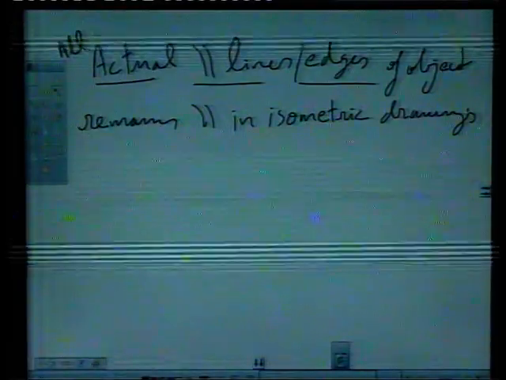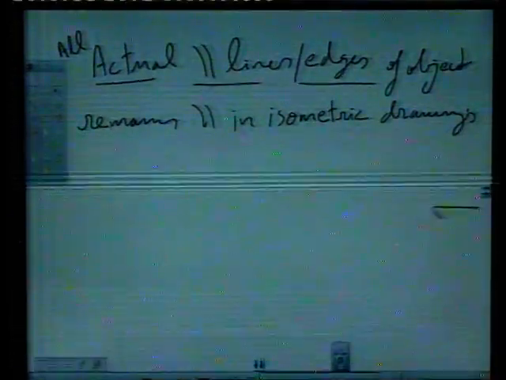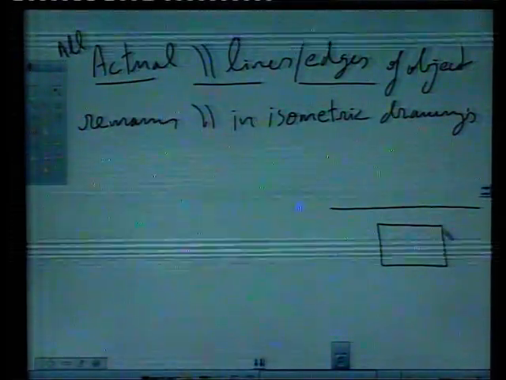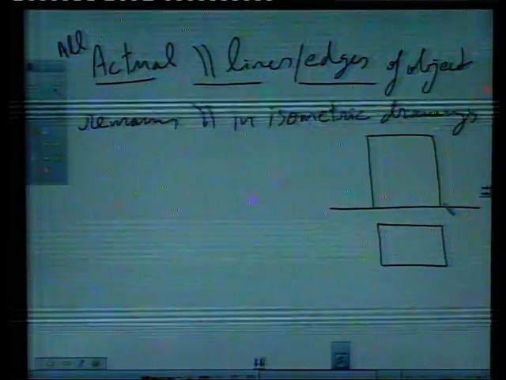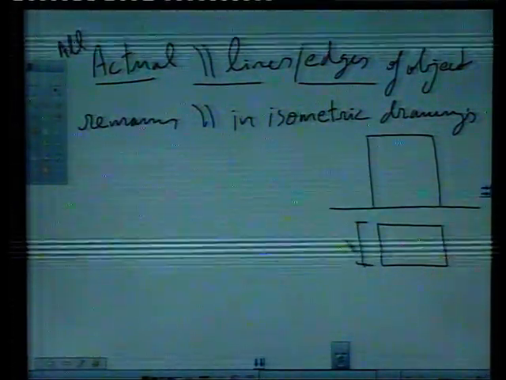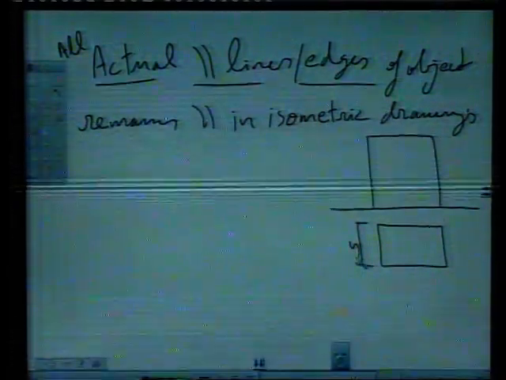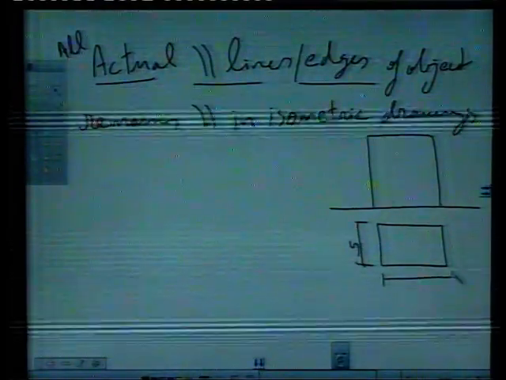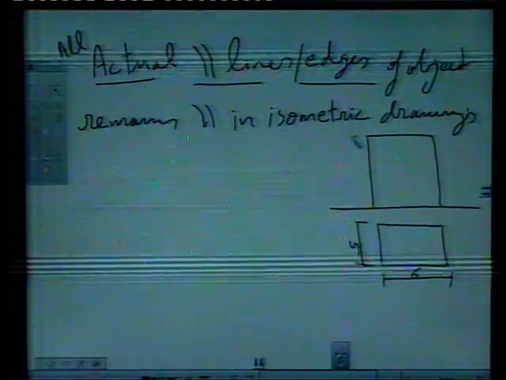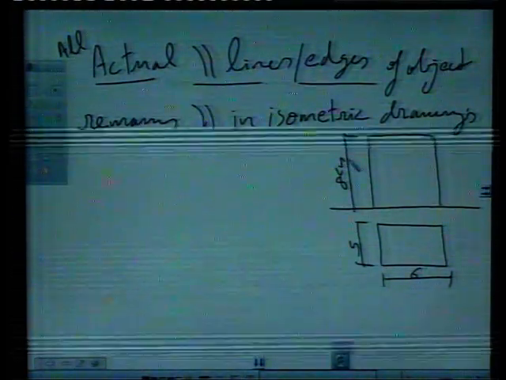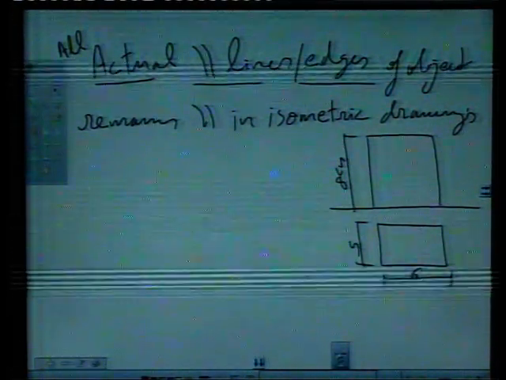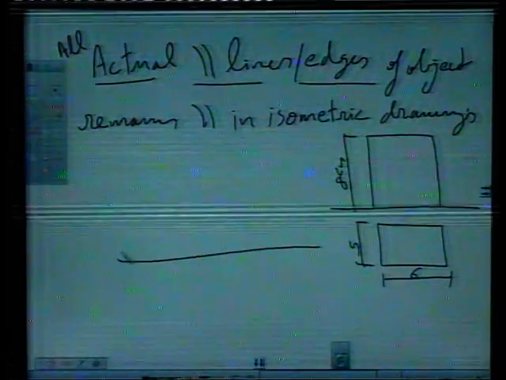It is very clear. Again, say this is the plan of the cuboid and this is the elevation of the cuboid. Say dimensions are 5, say 6, say 8 centimeters. Now, the isometric of this will be something like this.